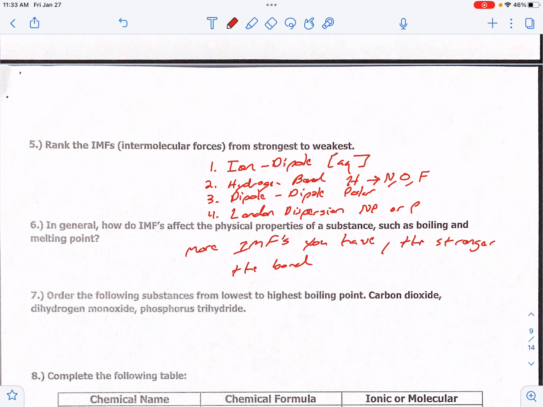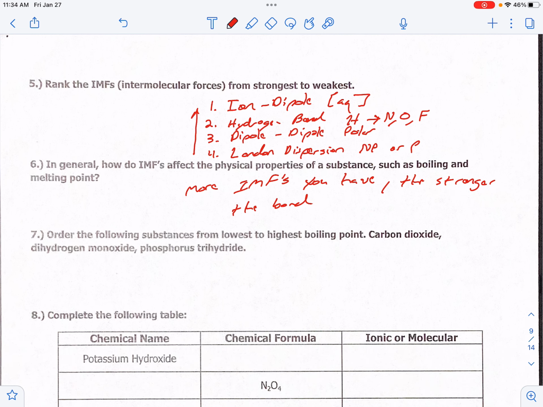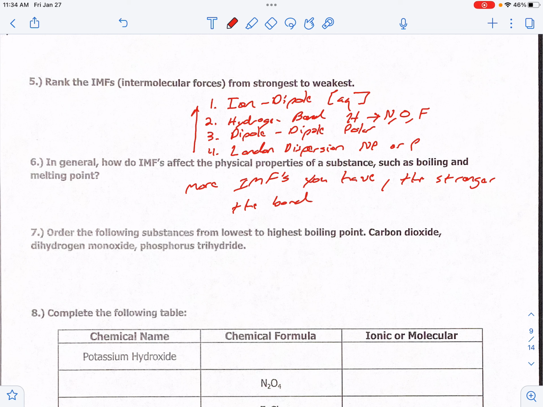So the higher up this list I go, the higher the boiling point and the higher the melting point. London dispersion would be very weak, wouldn't take very much energy at all, so it would have a low boiling point, versus something that has London dispersion, dipole, and hydrogen bond. That's more bonding, which would take more heat, so it's going to have a higher boiling point, higher melting point.